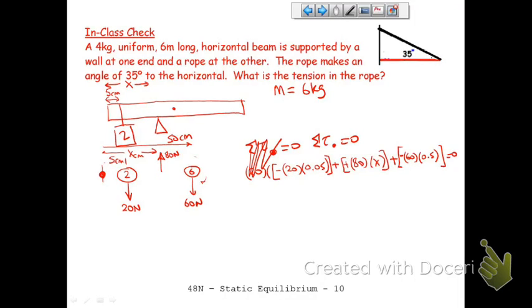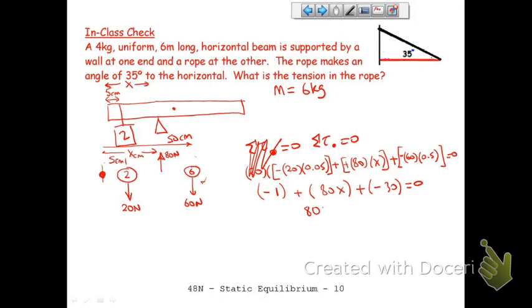So minus 20 times 0.05 is minus 1, added to 80x, added to minus 30 is equal to 0.